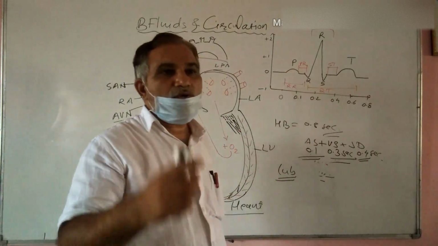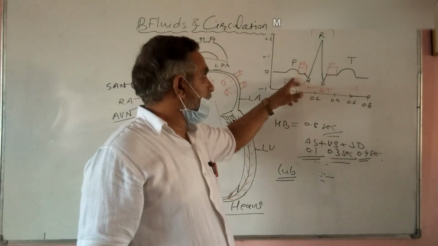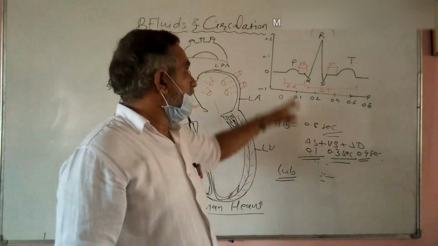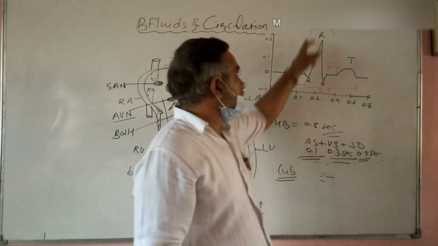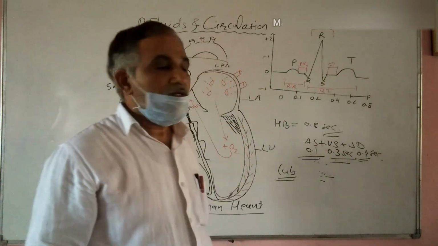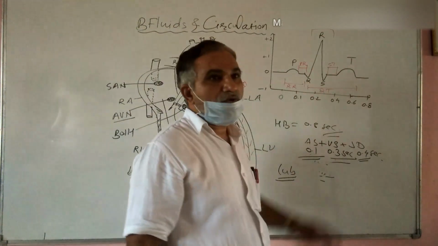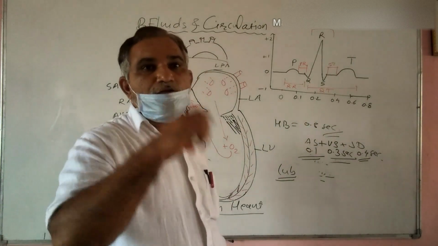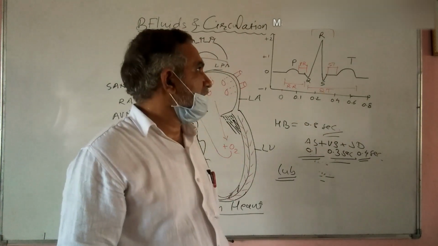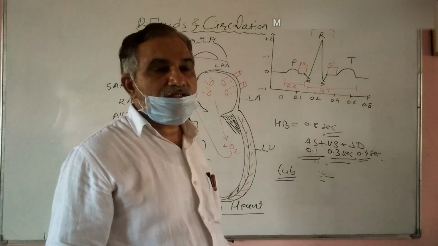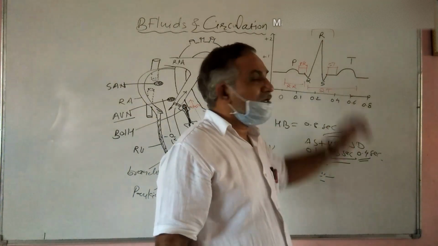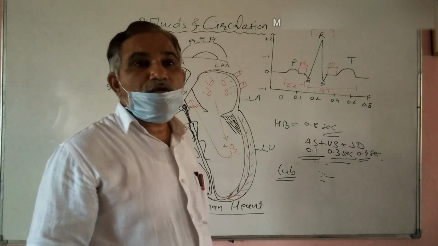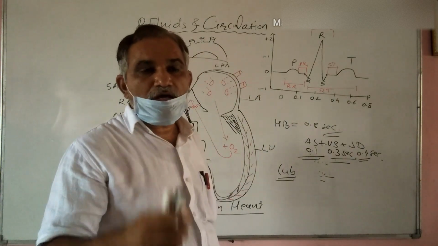So what must you know about this? What does the P wave indicate? This wave indicates atrial depolarization. And what does the QRS complex indicate? The QRS complex indicates ventricular depolarization. And then tell me, what does the T wave indicate? The T wave indicates ventricular repolarization.